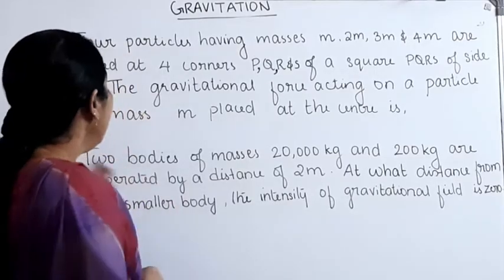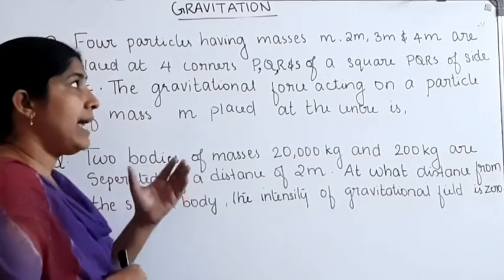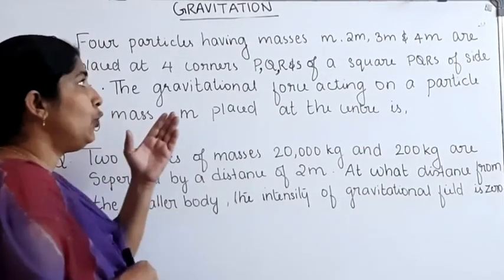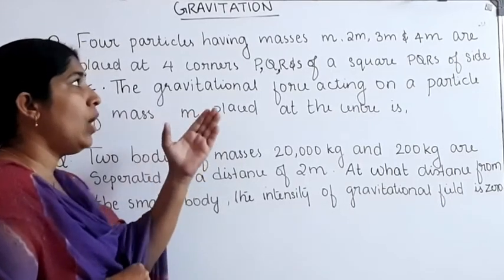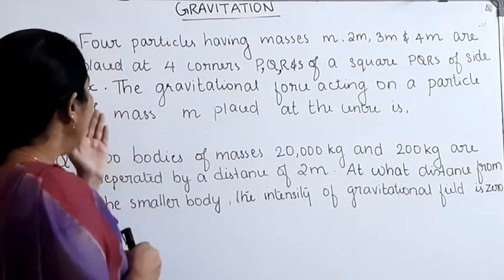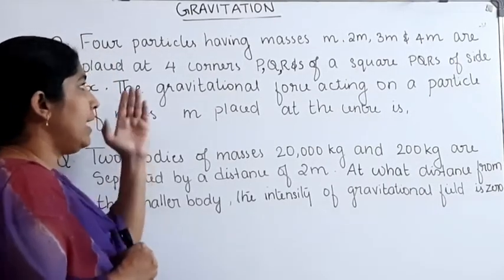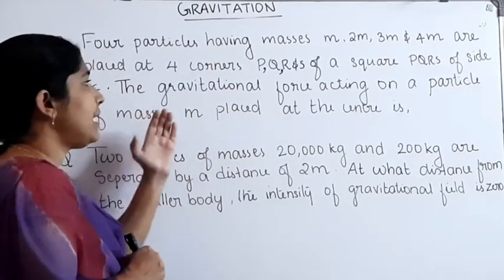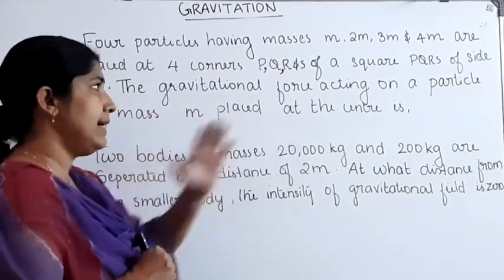First question: 4 particles having masses M, 2m, 3m and 4m are placed at 4 corners P, Q, R and S of a square PQRS of side X. The gravitational force acting on the particle of mass m placed at the center is?